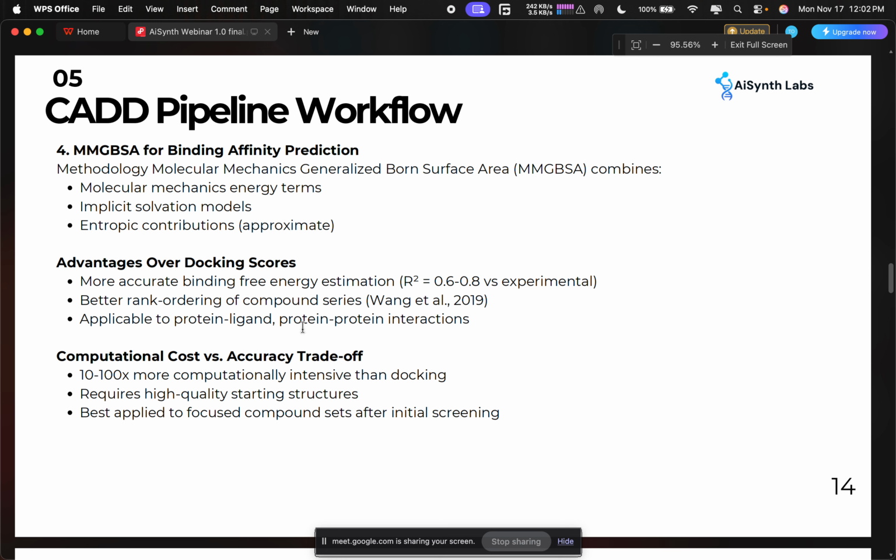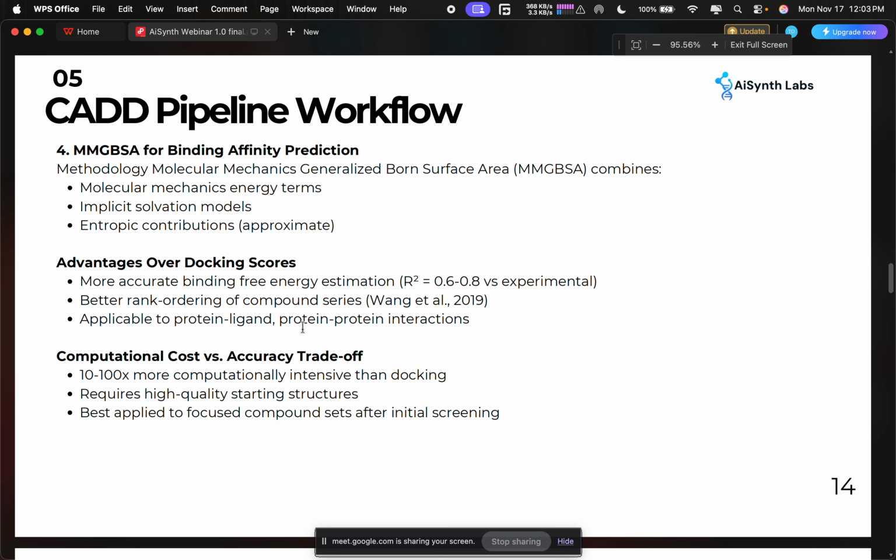So the top 10 from extra precision moves on to MMGBSA, and the ones with the highest MMGBSA free energy score, let's say that top 10, you can still work with, because that top 10 is not a lot, so you can still run something on them. So you rank them on their MMGBSA compared to your co-crystallized ligand. Mind you, we want to get better than our co-crystallized ligand.